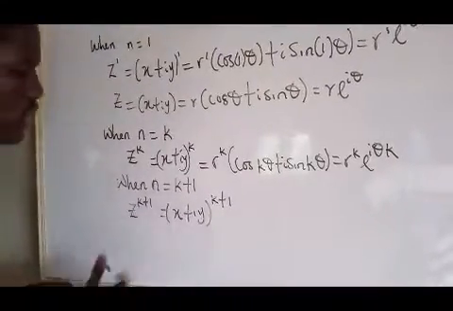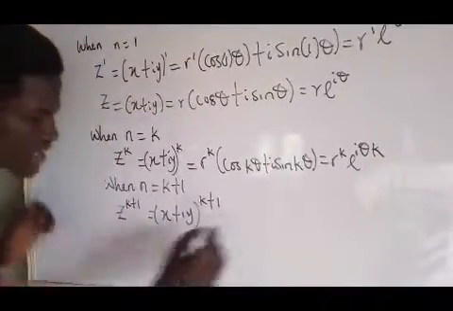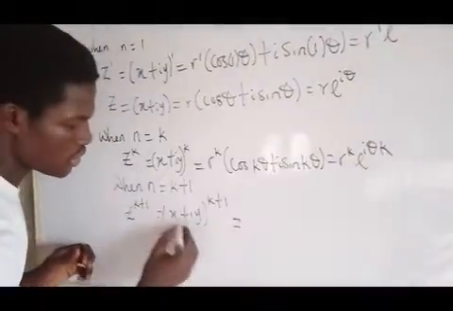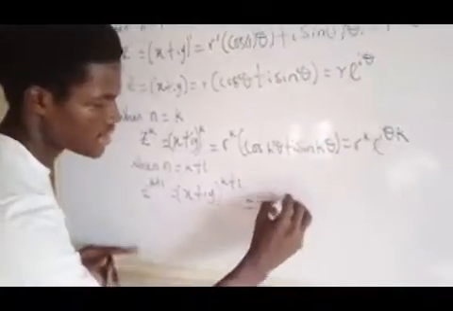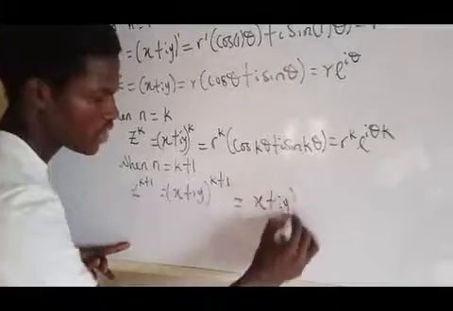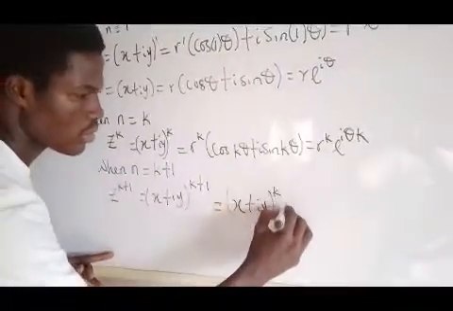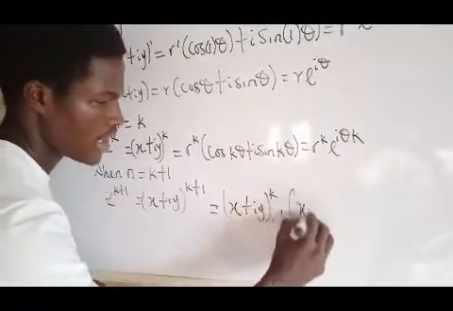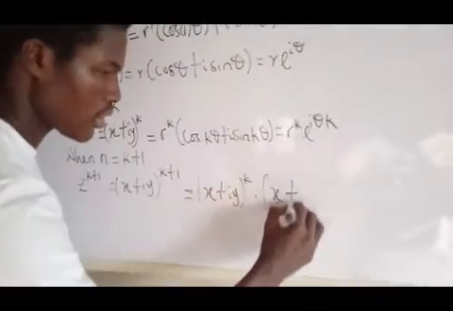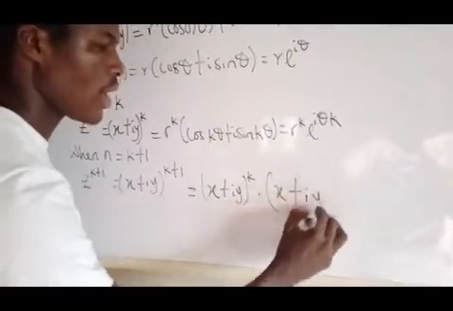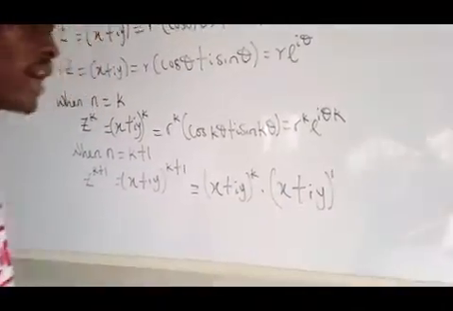So we are going to do this using our indices knowledge. So this can also be written as (x + iy) raised to power k multiplied by (x + iy) raised to power 1, right?